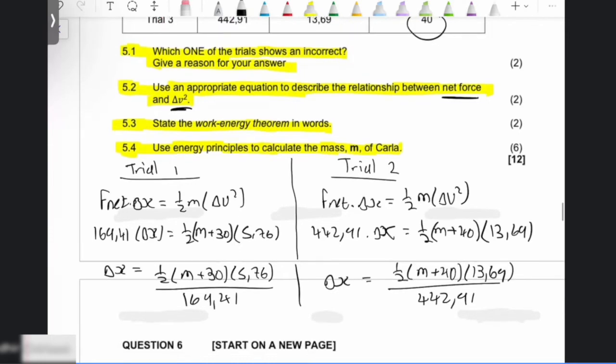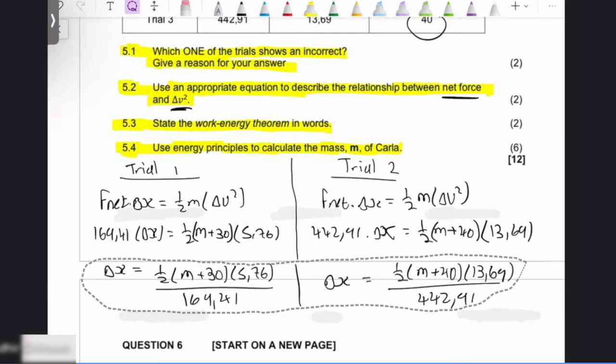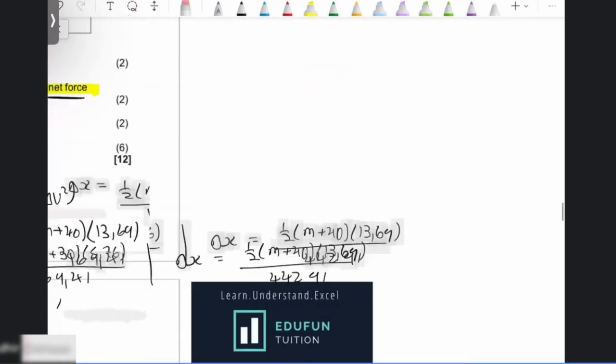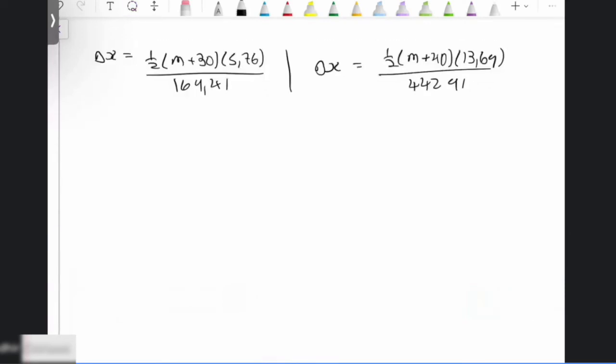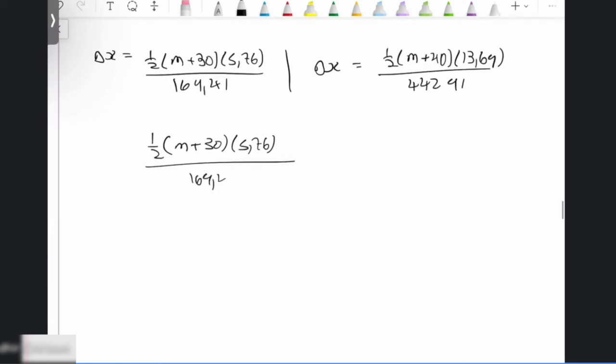Okay, so now all we're going to do is go and solve for the masses. So it's basically a half into M plus 30 into 5.76 all over 169.41 is equal to a half into M plus 40 into 13.69 all over 442.91. Okay, so that's that there.